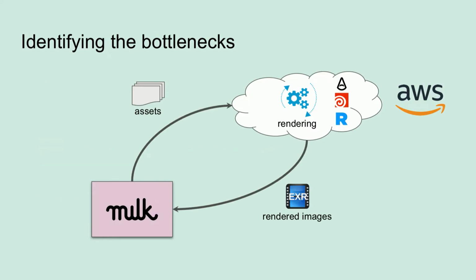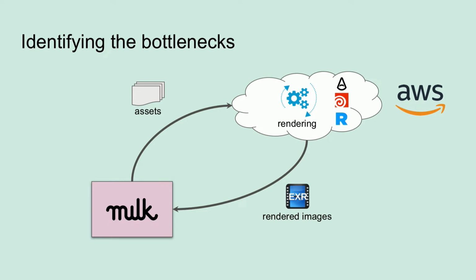So first we looked at where these issues were coming from. If we're looking at the cloud rendering here, a simple diagram: we have our on-prem servers, we have the rendering happening in the cloud, and these rendering processes are querying data from the file system, which means that we have to upload some assets, and then the rendering process is rendering images, which are coming back from the cloud.